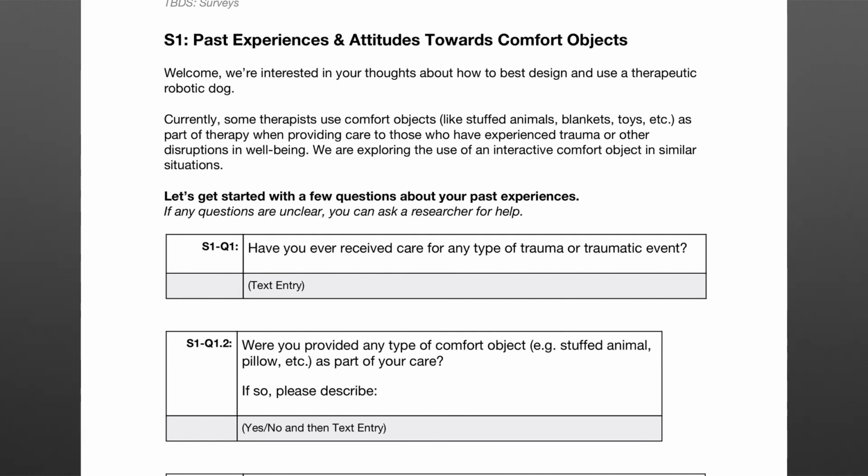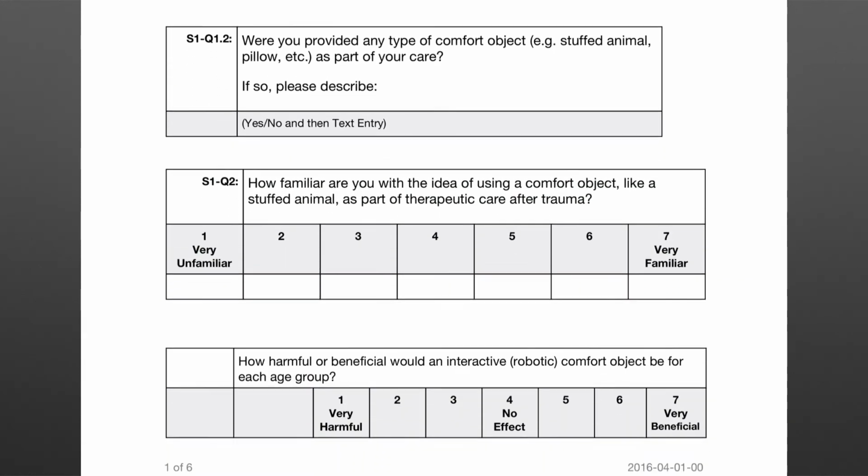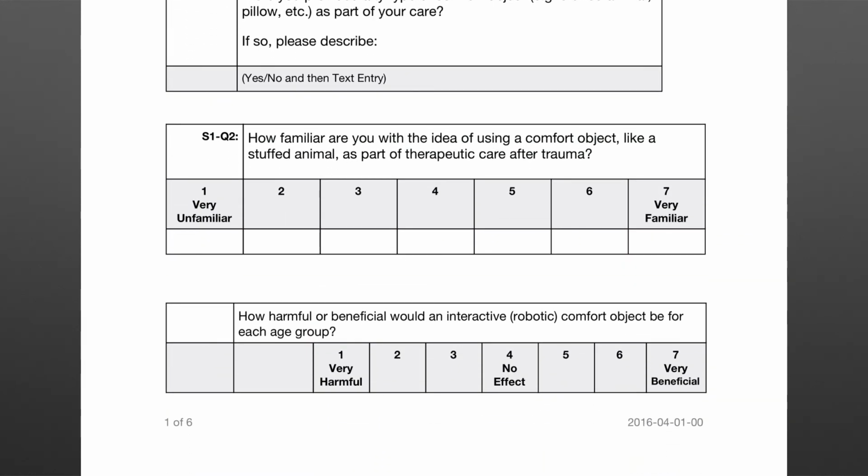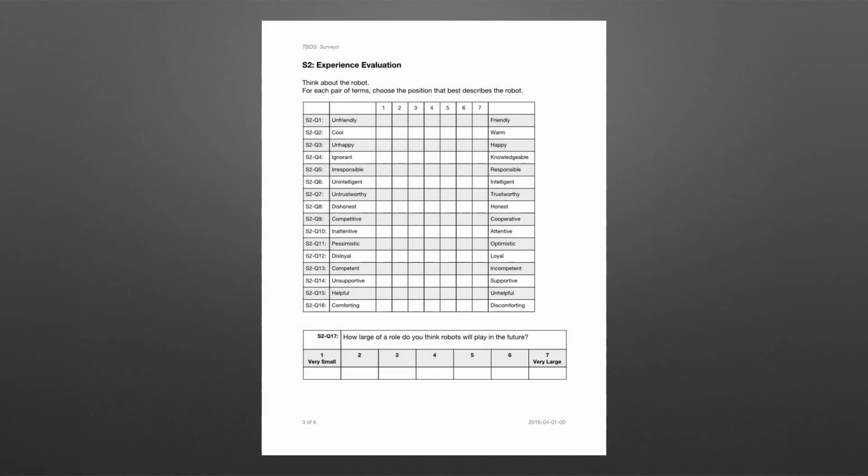Have they ever used either a therapy animal or a therapy object? So all kind of important. Then you see we move on into some of these scaled responses. So how familiar are you with the idea of using, whatever? And we ask some of those kinds of questions.